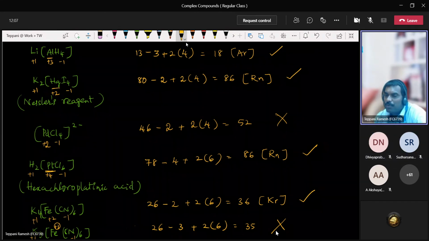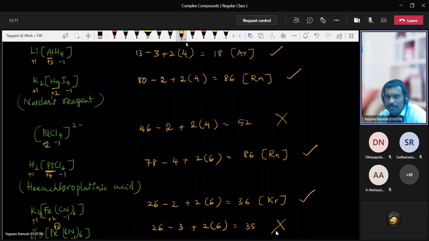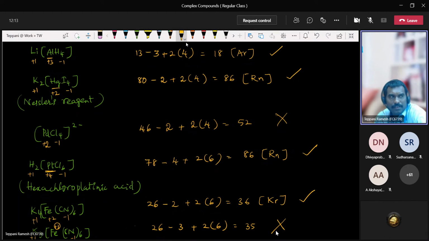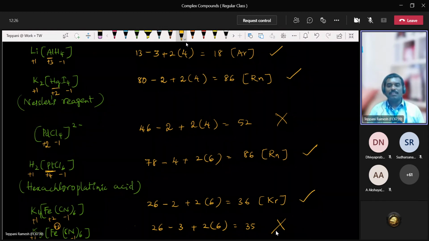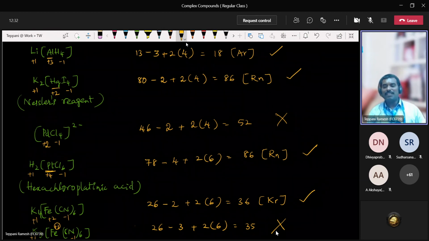But actually, ferricyanide is more stable. You will get that later when I discuss the stability of complexes. One is correct, the other incorrect, which means in some cases the EAN rule is not valid and does not give correct information. These kinds of things are a demerit for EAN. In many cases it is correct, in some cases like this it is not.